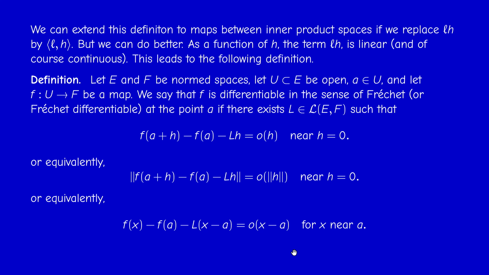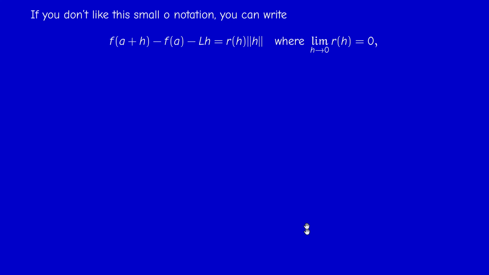Okay, so now I have several remarks before we continue. You can also still write this in other ways. So instead, if you don't like the small o notation, you can write it as remainder times norm of h, where the remainder tends to 0. So it's precisely the same thing. Just put the remainder to be this difference divided by the norm of h.